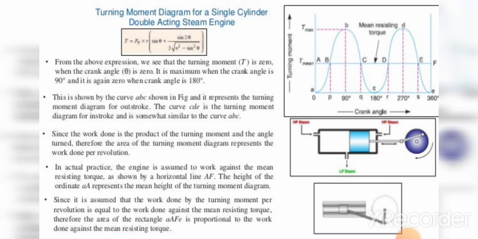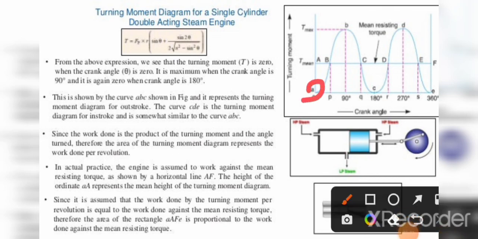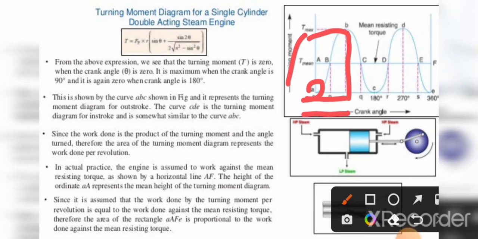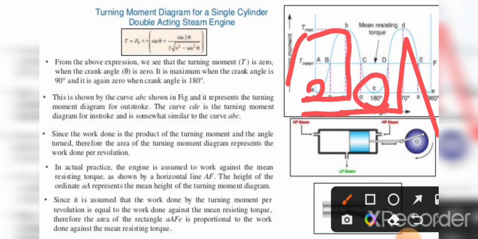From this expression we can see that the turning moment is 0 when crank angle θ is 0, and it is maximum when the crank angle is 90 degrees. Again, we obtain maximum turning moment when the crank angle is 270 degrees, and turning moment is 0 when the crank angle is 180 degrees and 360 degrees.